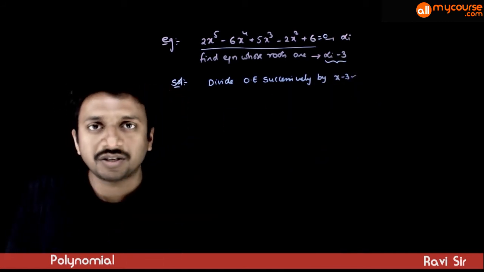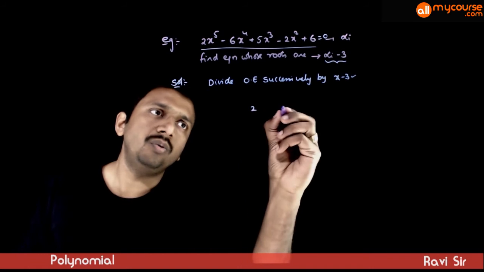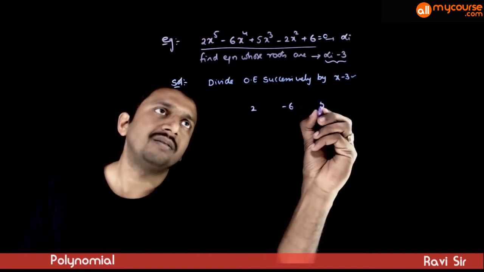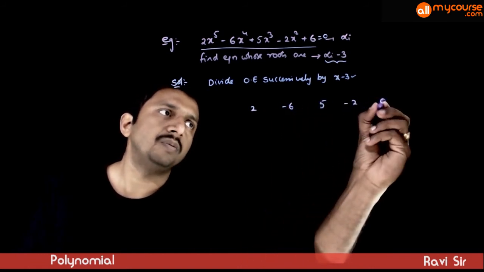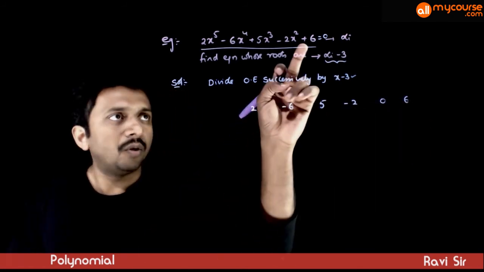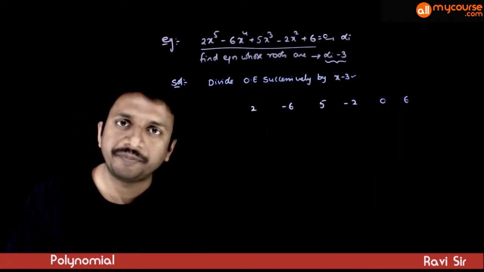So let us use Horner's process again. 2, minus 6, 5, minus 2, 0, 6. You don't have an x coefficient, so you need to write a 0.